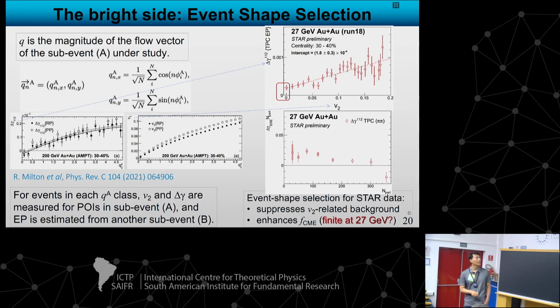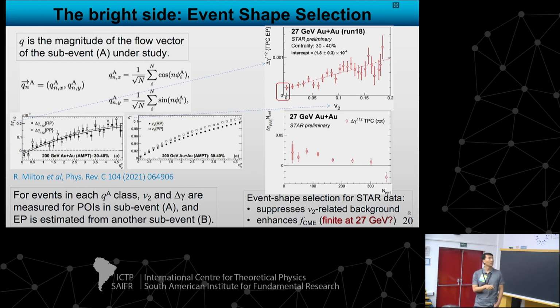And almost the last slide is the event shape selection, or event shape engineering. We can try to use the flow vector to control the event shape. Then simulation shows that in the AMPT model, this method can get rid of the background. V2 can go to 0 when Q2 is 0, so the pure background can vanish.